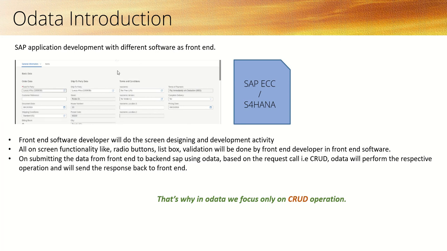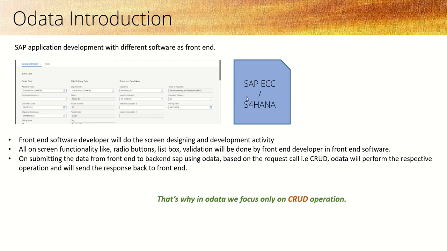So in this scenario, the front-end developer will be different. They will take care of all the activities like screen designing, how to add a radio button, the list box, and perform the validations. They will do all the development, and once the data is validated and they submit, they just want to put that data into the SAP system.